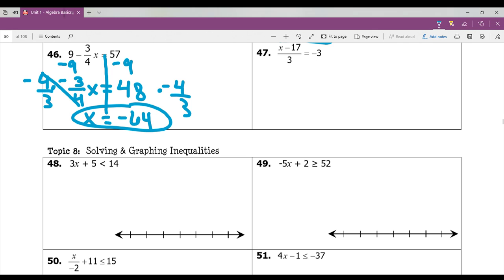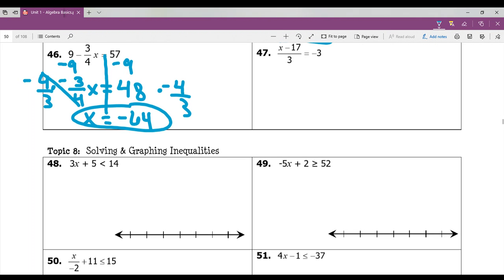Now, up to this point, I have told you you start with the constant term that's being added or subtracted. That's where you start. That all holds true unless your equation is written like number 47, where you see the x and the 17 are being divided by 3. This is the only case where you would start with the division, because you have to get rid of that fraction first.